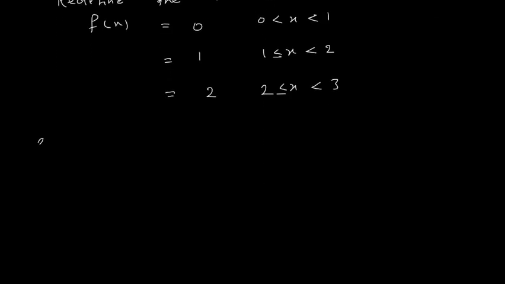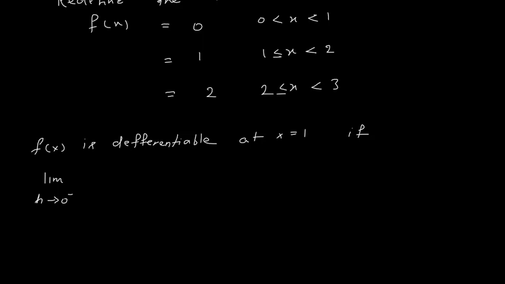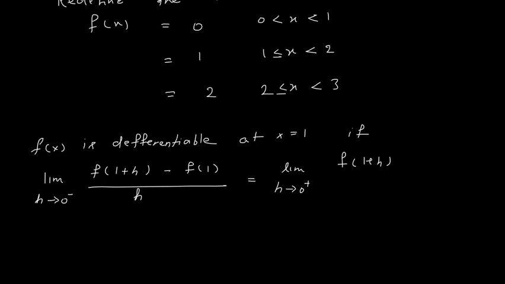So I will say that the function f(x) is differentiable at x equals 1 if the limit as h tends to 0 minus of (f(1+h) - f(1))/h is equal to the limit as h tends to 0 plus of (f(1+h) - f(1))/h.